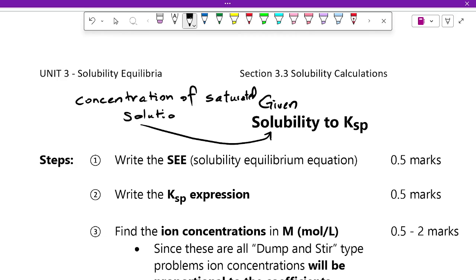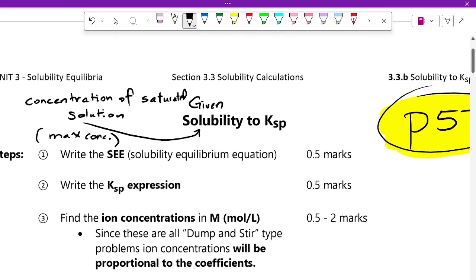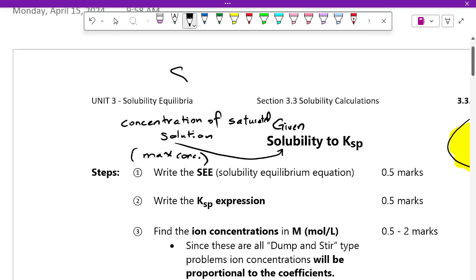In other words, it is the maximum concentration. So when you see solubility, it is concentration.